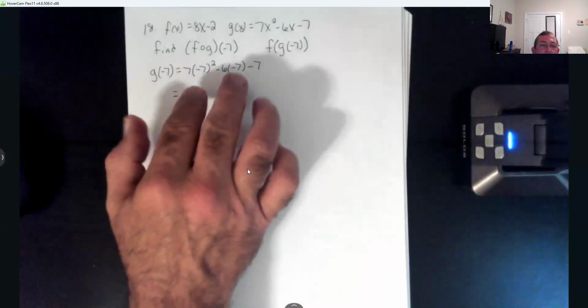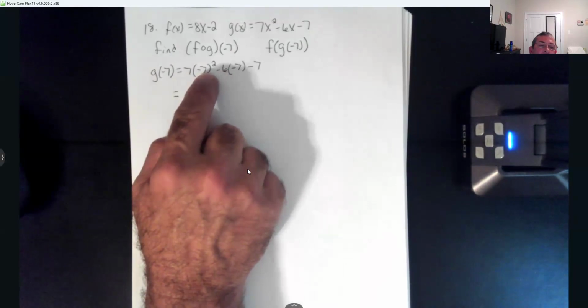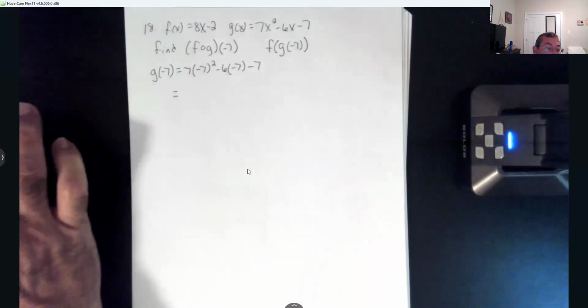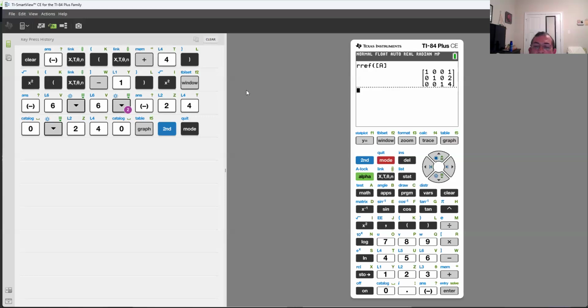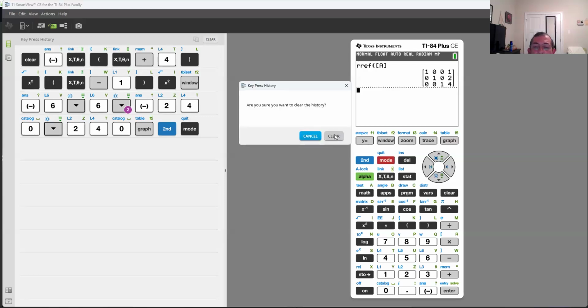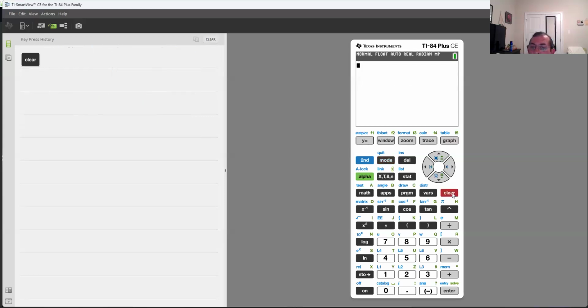All right, y'all, I'm going to let my calculator do that because we're going to get big numbers here. That's going to be 49, and then 49 times 7. That's a pretty big number there. So let me just let that calculator help us. So let me quit my graphing screen, clear everything out.